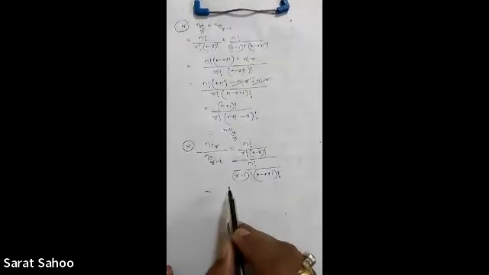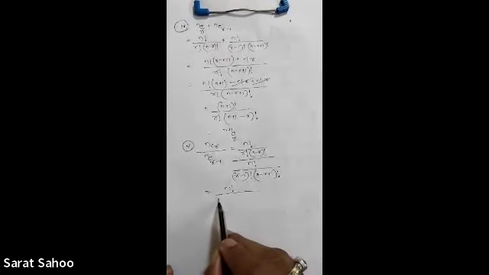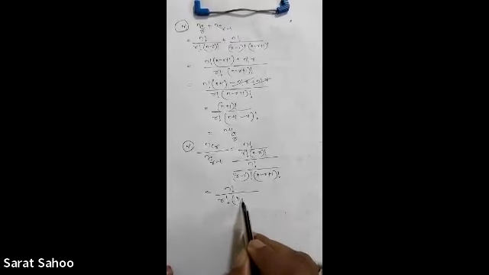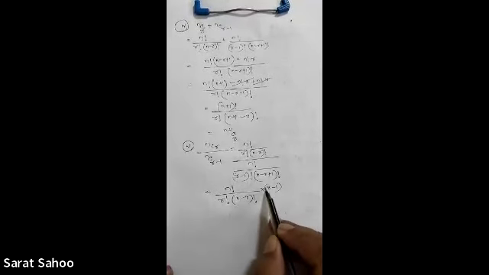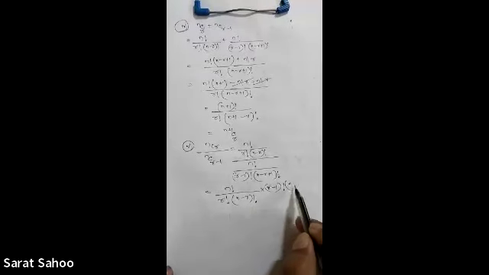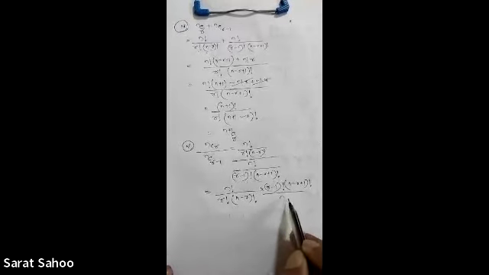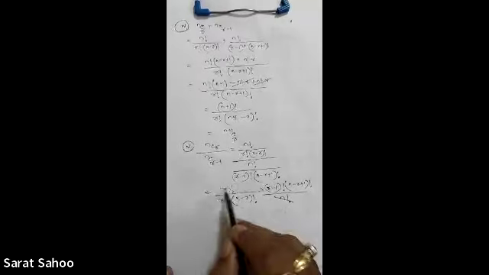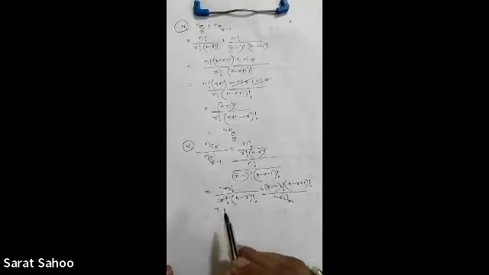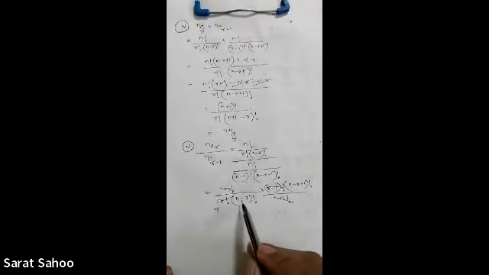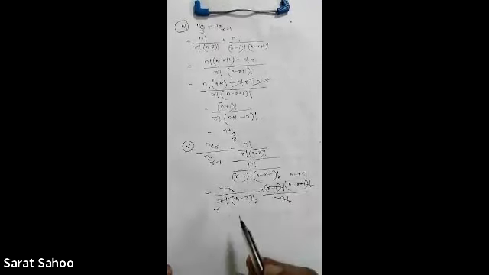This is equal to n factorial into (r minus 1) factorial into (n minus r plus 1) factorial, upon r factorial into (n minus r) factorial into n factorial. n factorial cancels. (r minus 1) factorial and r factorial cancel, leaving r. (n minus r) factorial and (n minus r plus 1) factorial leave n minus r plus 1.